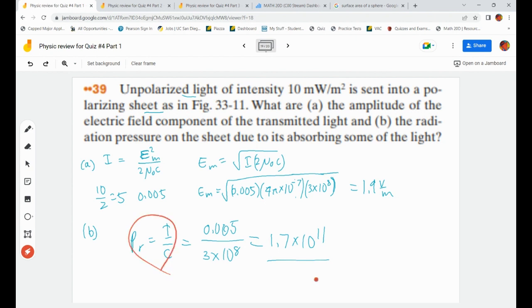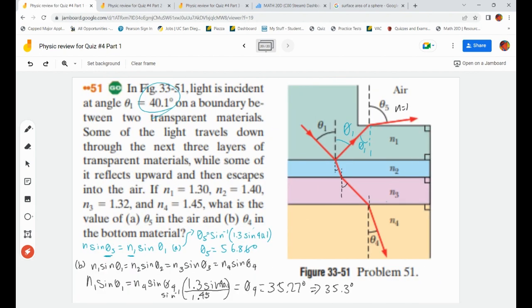And this is the radiation pressure on the sheet, which is PA. So it's PA, and also don't forget v divided by m. I kept on forgetting about this. Now these are the fun questions, fun because they're geometry. Because they're 90 degrees, it only works on a plane like this, a parallel plane.